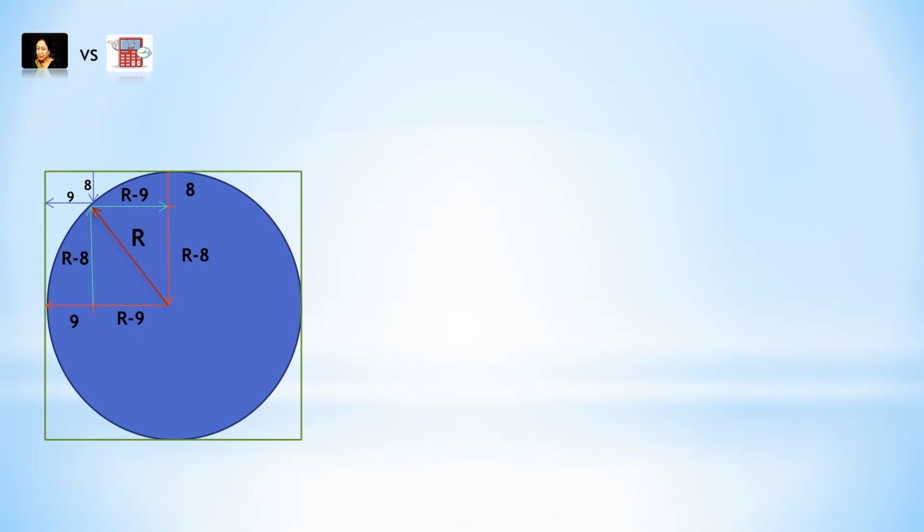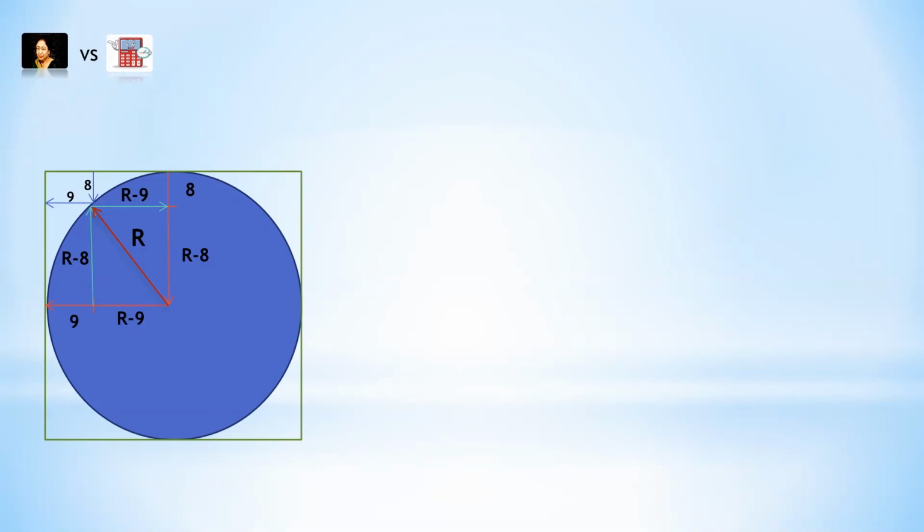So 8 from one side and 9 from the other side, and we can relate these to the radius. On one side our radius will look like 8 and r minus 8. Similarly, on the other side it will look like 9 and r minus 9. So we get r minus 8 and r minus 9.